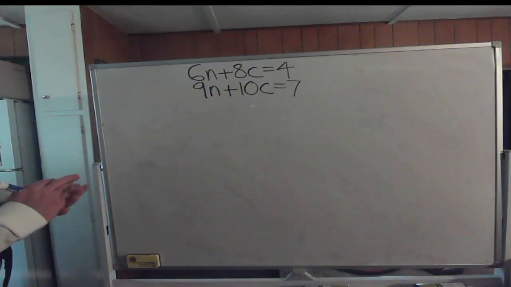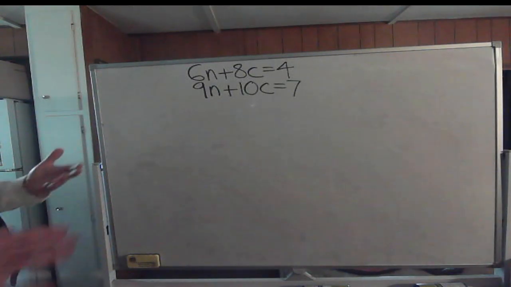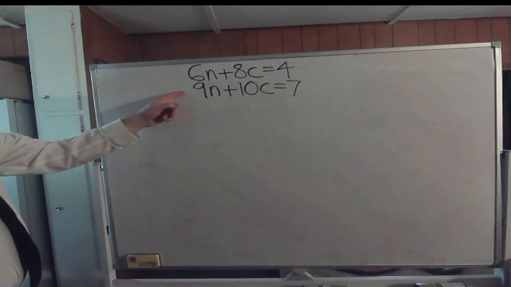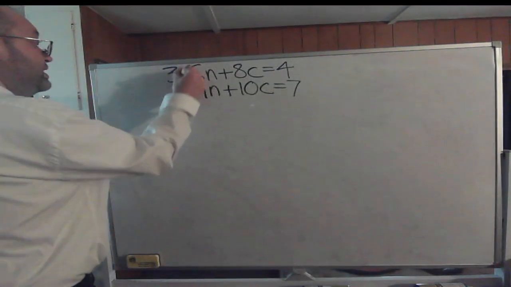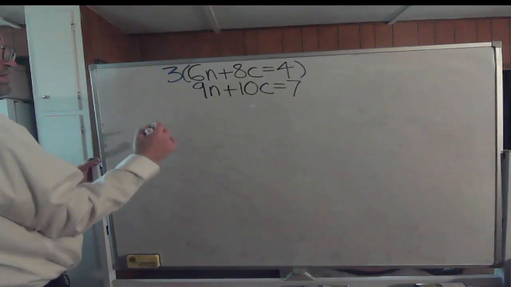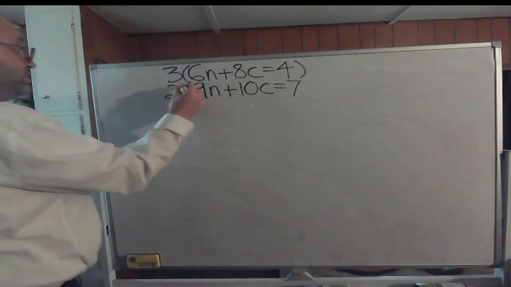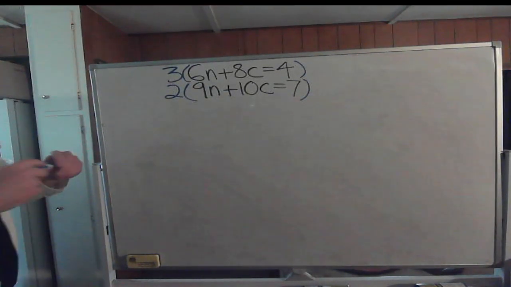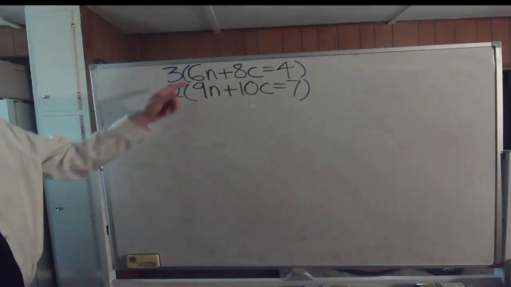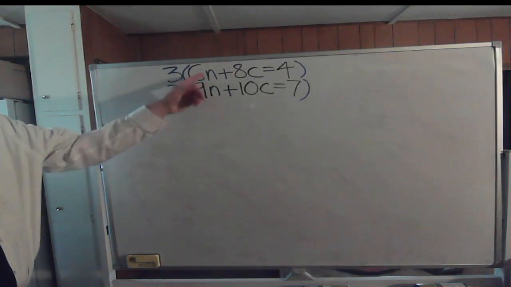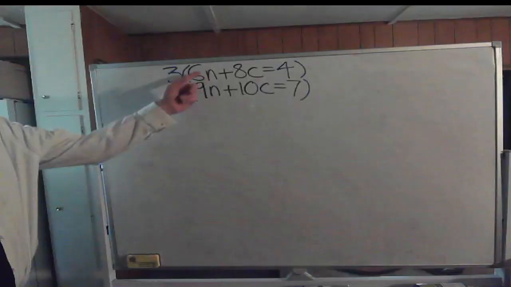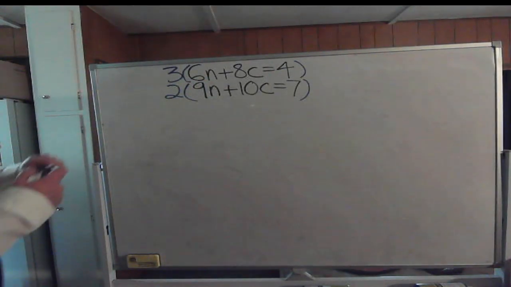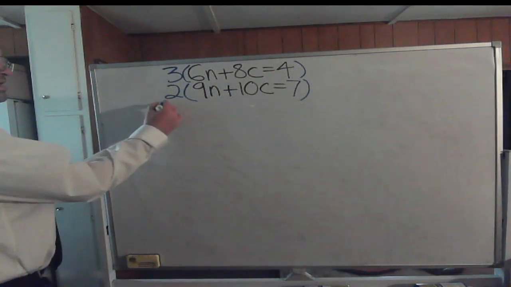What you can do then to make the n coefficient 18, take your first equation, multiply it by 3. Take your second equation, multiply it by 2. I mean, if all else fails, you can simply multiply 6 and 9. You could get a 54n for both of your constants, but why in the world would you want to do that and work with bigger numbers? It's easier just to find your least common multiple, so you get smaller numbers to work with.